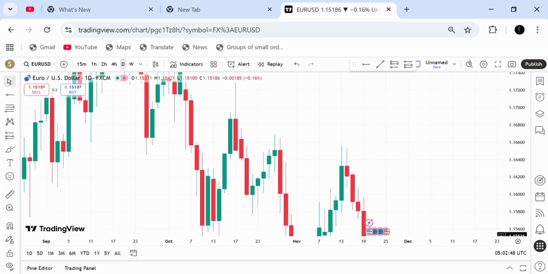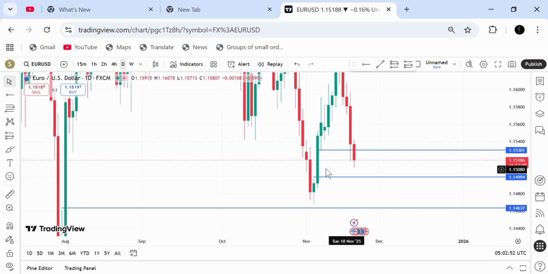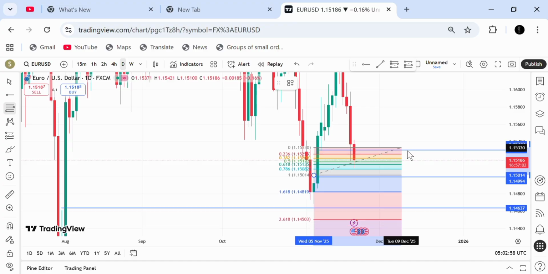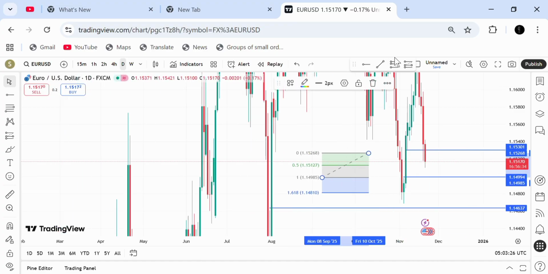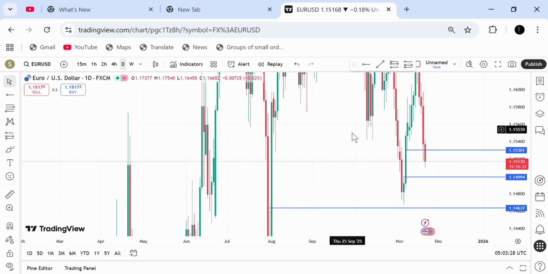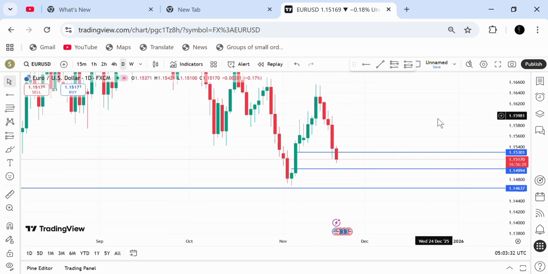This is our new fair value gap in this Euro USD trade. And after seeing this, price is already in the 50% of this fair value gap. So price is already in the 50% of this particular market, and we are going to start looking for opportunities in the market. As easy as that.